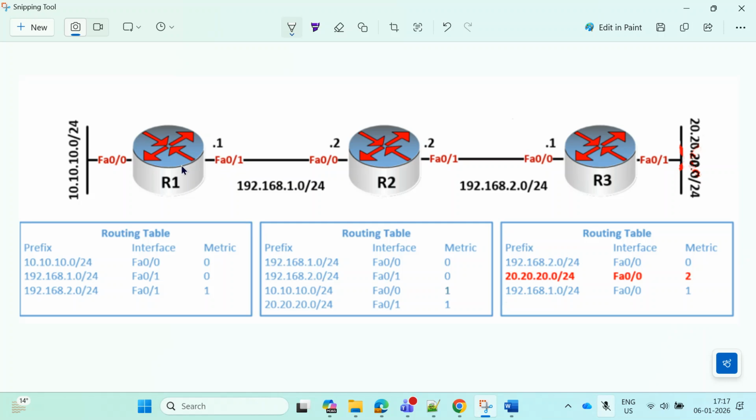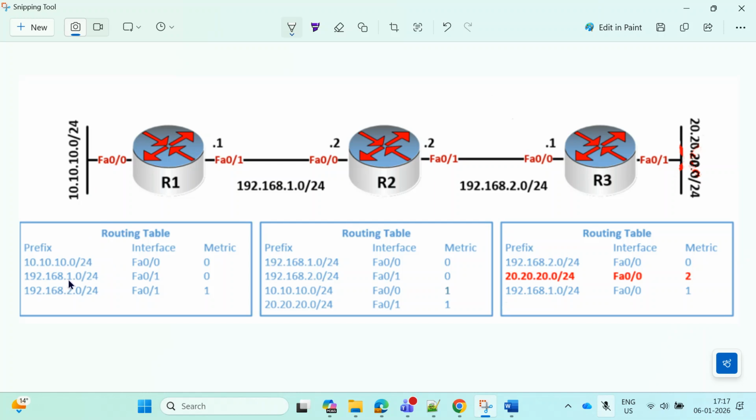And you can see I mentioned the routing table here. This routing table is after the iBGP formation between R1 and R2 and between R2 and R3. So what does R1 learn in the routing table in this condition? It has 10.10.10 because it's directly connected, so it should be there, right?